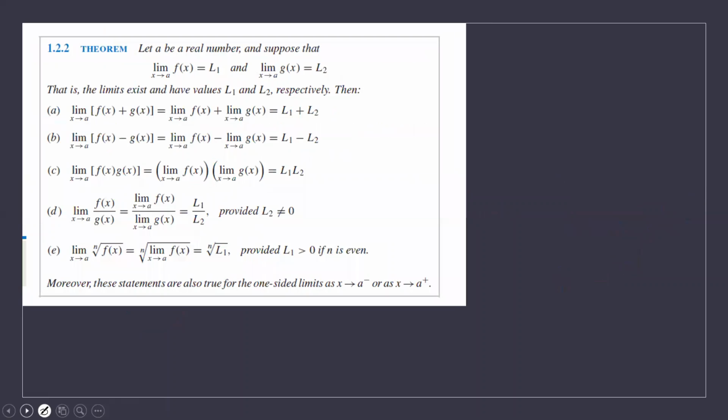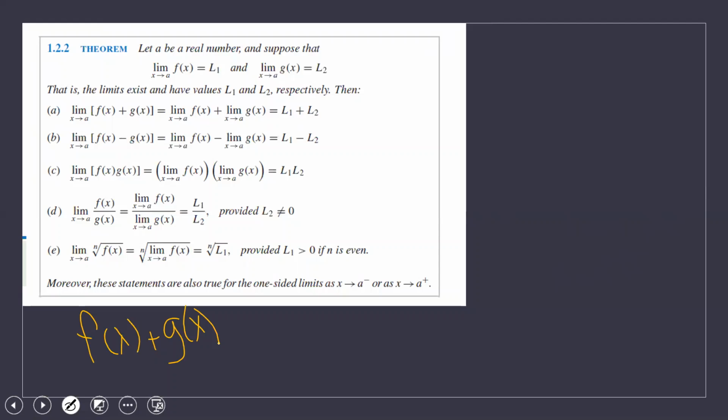Now, another theorem. Like we said in the previous class, if we have f of x added to g of x, how can we add the functions?